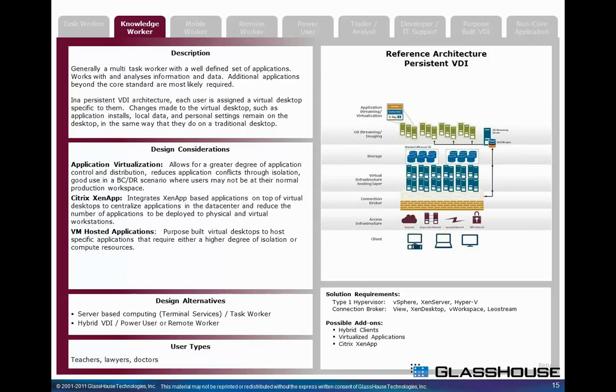So for the knowledge worker, the task worker or the remote worker or the power user or whatever, they could have very different reference architectures. And with very different, I don't mean that there's a large variation in the software that's being used.